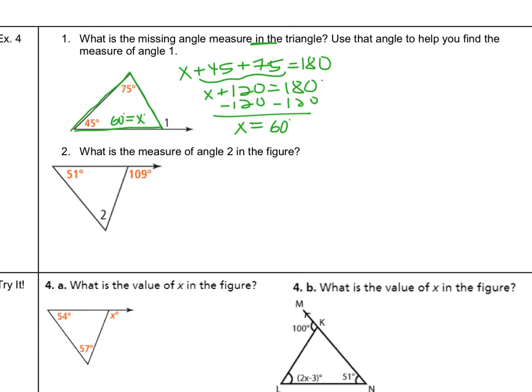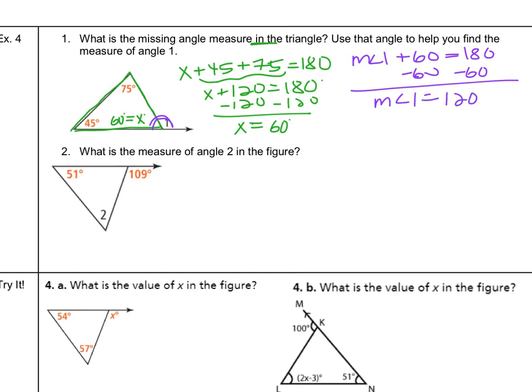Now, if x is 60, angle 1 should be supplementary to it since they form a straight line right there. So to get angle 1, if we add 60 to it, it should be supplementary as well. Now, if we move 60 over, we get the measure of angle 1 is equal to 120.